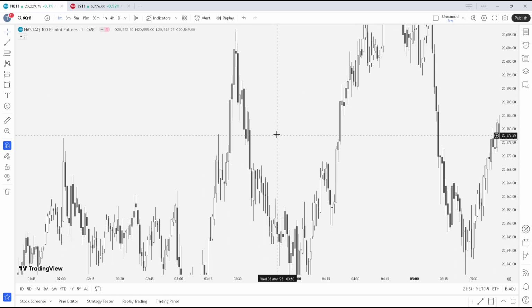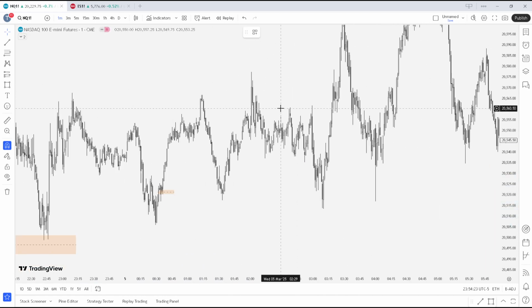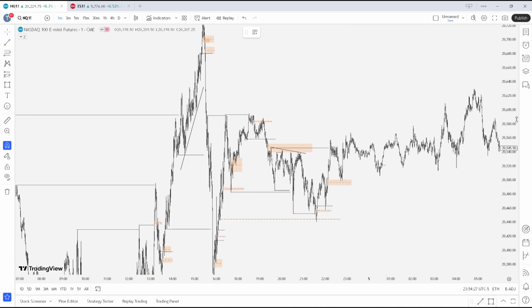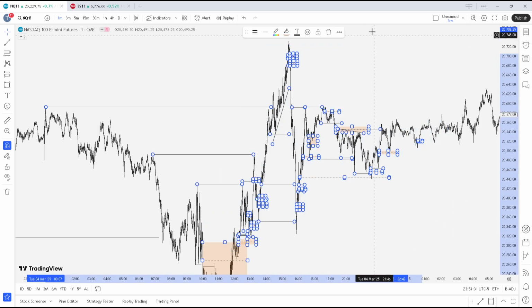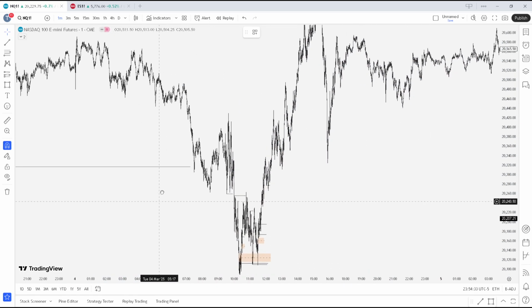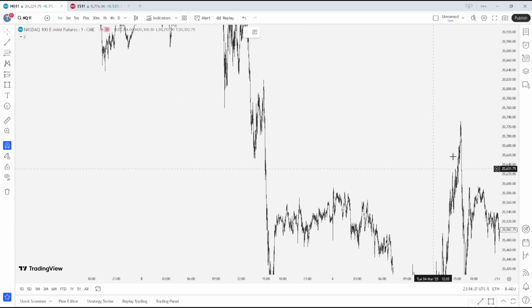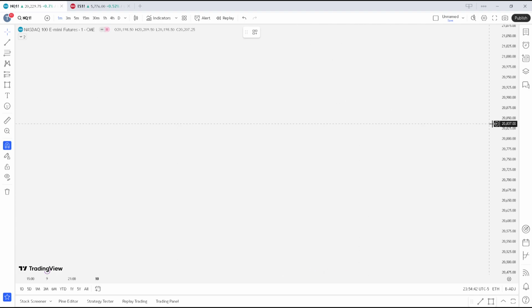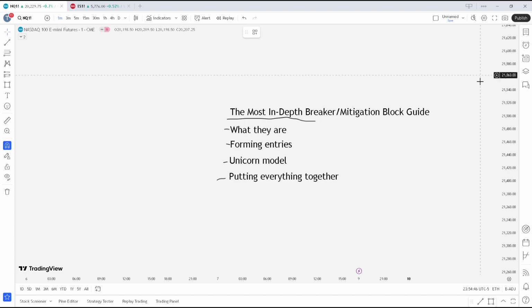Okay, I think I've been yapping too much, but I think you guys can just see how, if you combine all these PD arrays, you can really form quite a good bias, and you can really improve your entries, your stop loss management, your take profits, just everything.